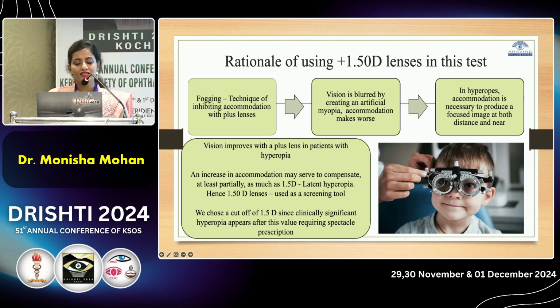An increase in accommodation may serve to compensate at least partially as much as 1.5 diopters, which is also known as latent hyperopia. Hence the 1.5 diopter lenses were used as a screening tool. We chose a cutoff of 1.5 diopters since clinically significant hyperopia usually appears after this value, which requires spectacle prescription.